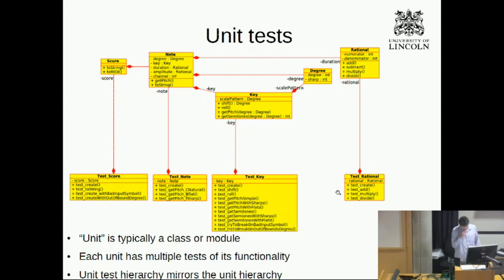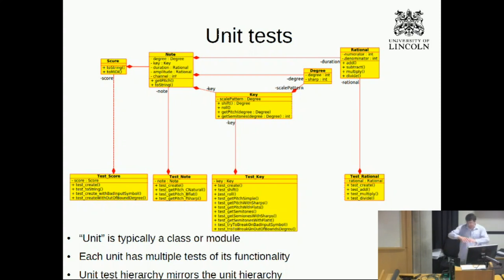Now, unit is a funny word. I've struggled to find out where this actually came from. Typically, when we talk about unit testing, we mean either a class in an object-oriented language or a module in a non-object-oriented language.